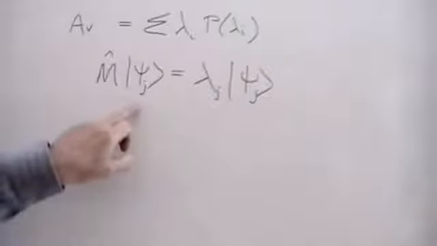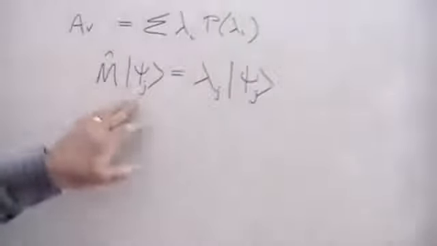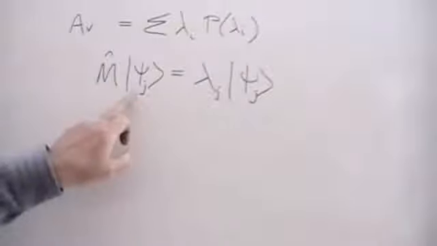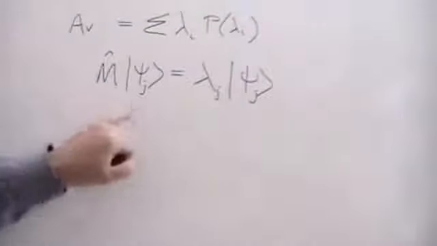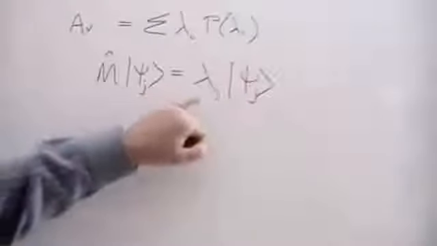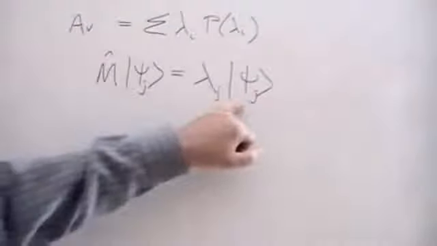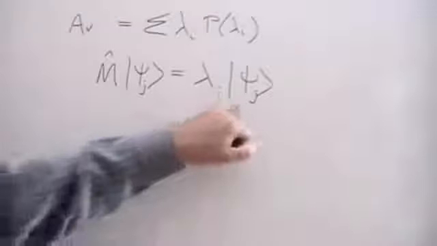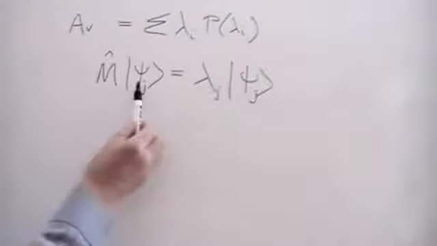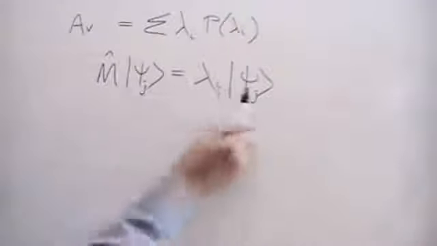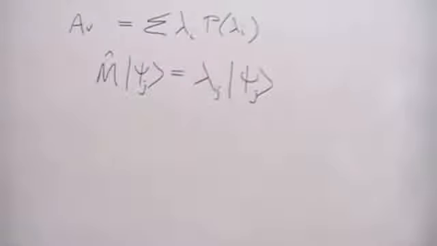With spin there were just 2, but we've already encountered situations where there can be an infinite number of possible states. So the operator acting on a state is equal to an eigenvalue for that, which will be different depending on what the state is that we are looking at. So every state, every eigenvector will have its associated eigenvalue.